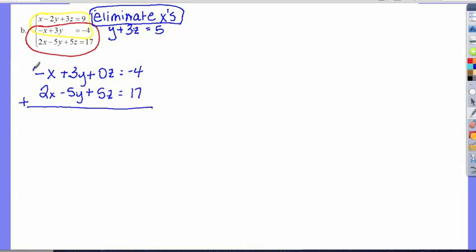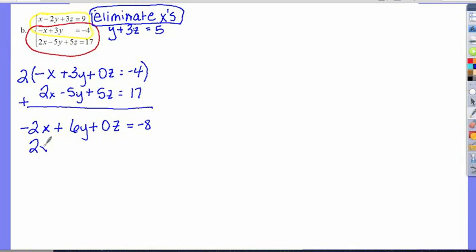So in order for that to happen, I need to multiply this top equation by 2 so that these x's will cancel. So I need to multiply all this by 2. So my top equation is going to become negative 2x plus 6y plus 0z equals negative 8.